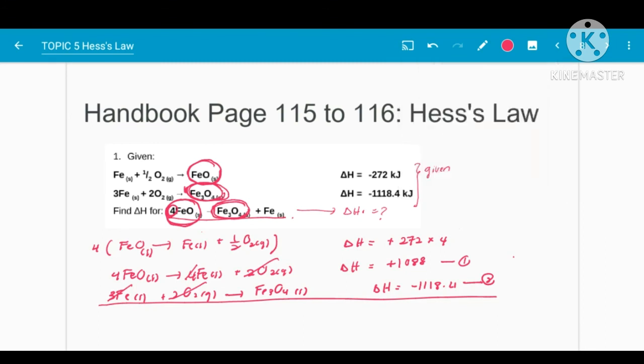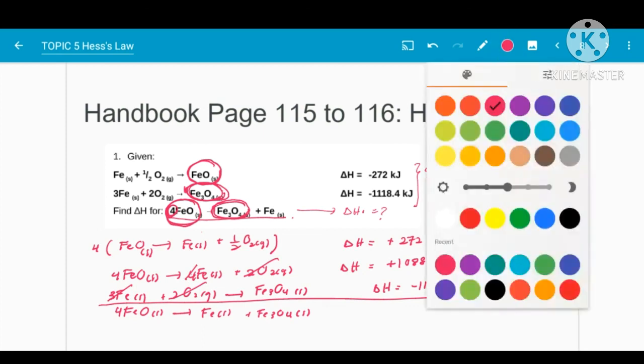Now, just write the reactant and product left. FeO solid produces Fe solid plus Fe3O4 solid.